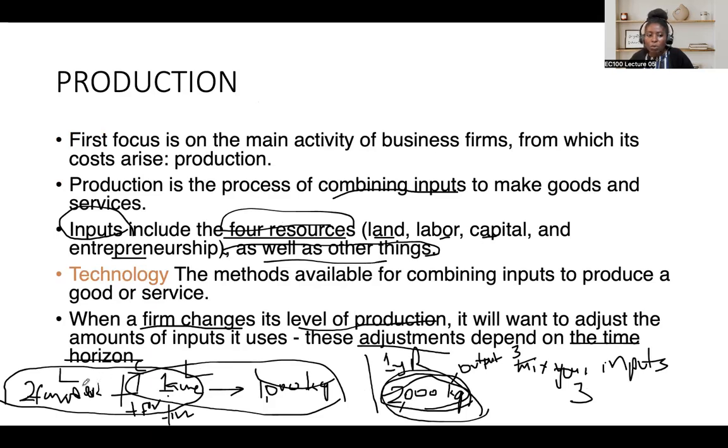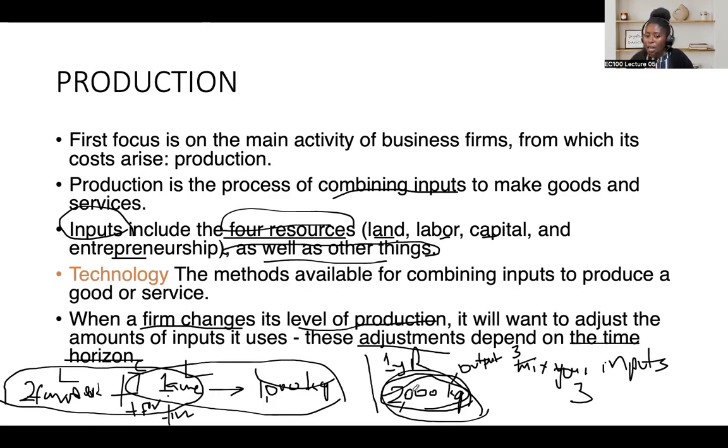So if this person started with 2 farmers and 1 acre, and then he was able to produce 1000 kilogram per year, if this person wants to increase the level of production to 2000 kilogram in 5 years' time, are we together?